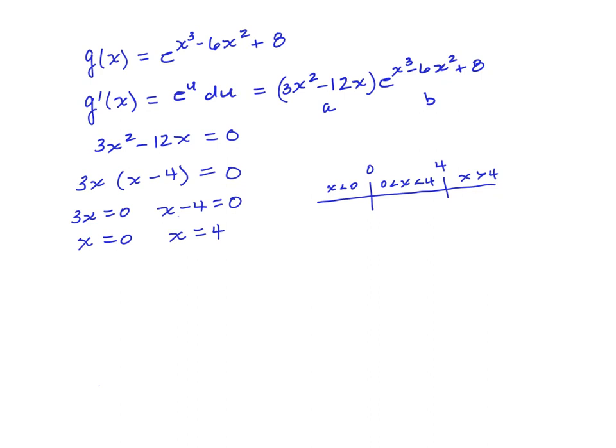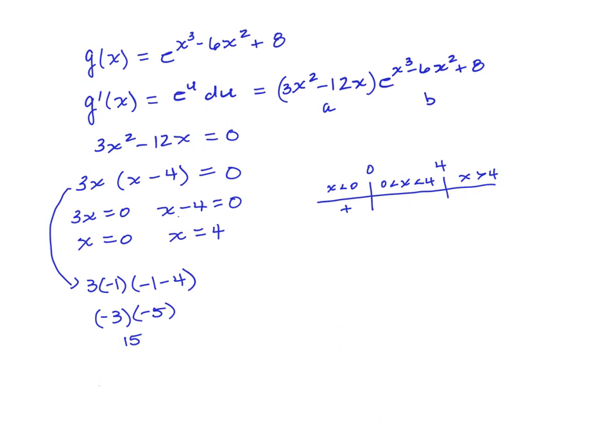So if I take my expression that I've already factored, 3x times x minus 4, we're going to try -1, because that's in the interval where x is less than 0. 3 times -1 is -3, and -1 minus 4 is -5, and a negative times a negative is going to give me a positive 15. So in this interval, the slope is positive, so the function would be increasing.